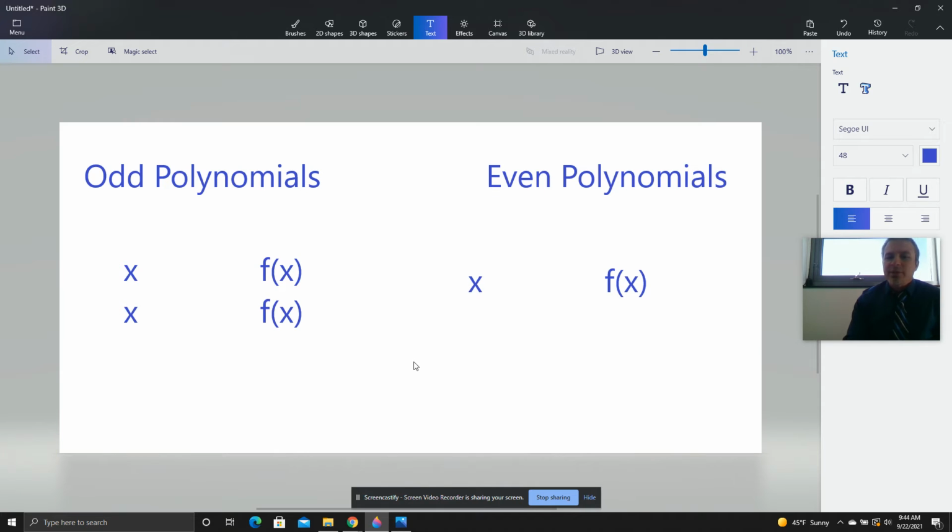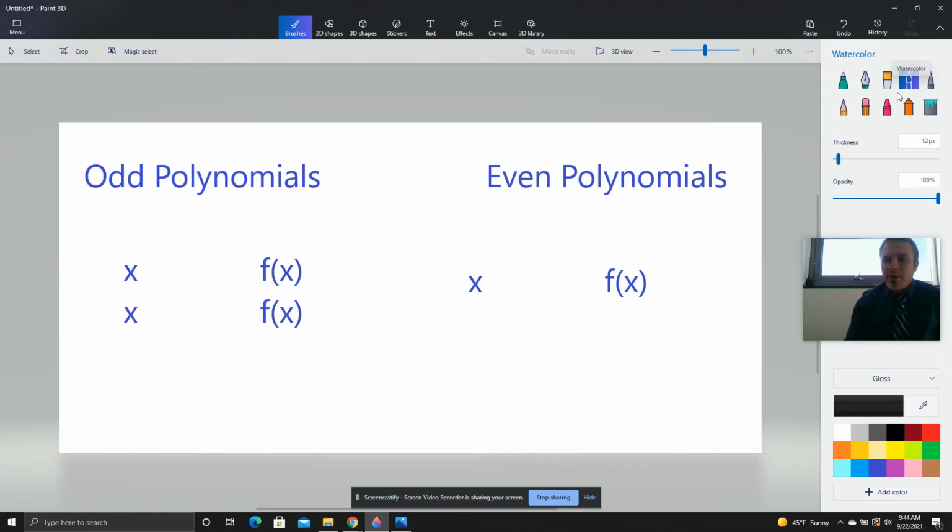Okay, so let's talk about these end behaviors. So all odd polynomials will have the same end behavior. So as I send my x to the right, the f of x is going to go to infinity.